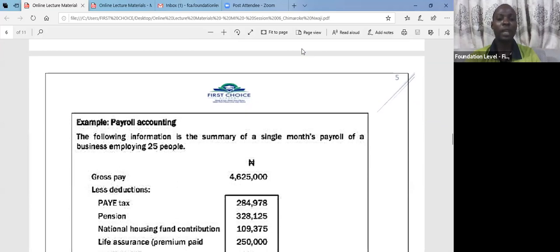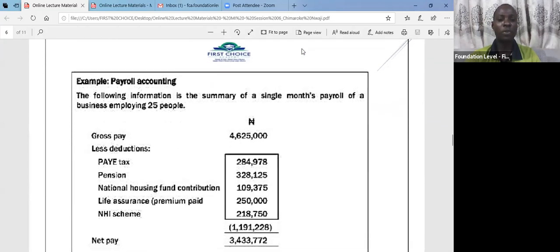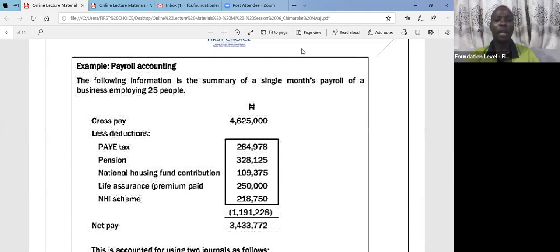Now look at an example of payroll accounting. The following information is a summary of a single month's payroll of a business that is employing 25 people. Now look at their gross pay. We are not told what this gross pay includes.